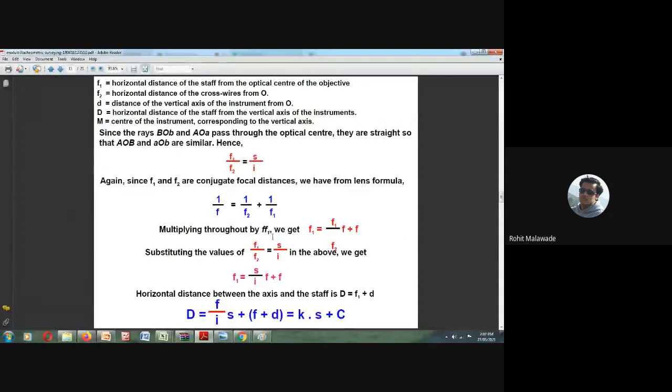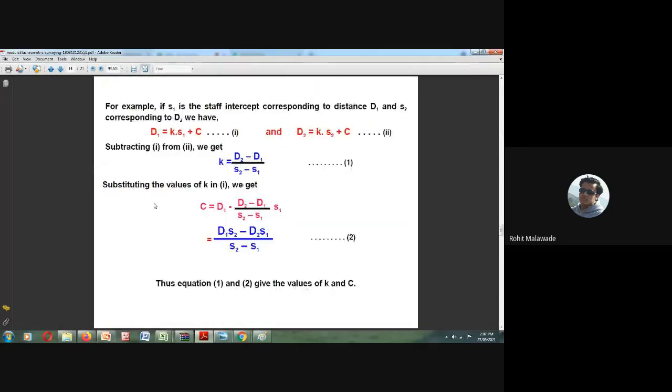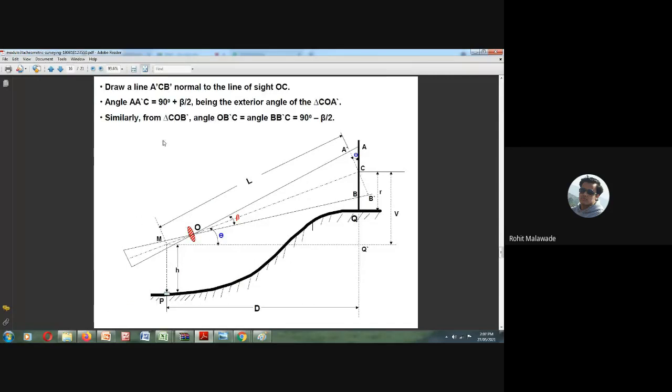If the line of sight is horizontal, I will use the formula D is equal to Ks plus C. If we want K for the horizontal line of sight, we use d2 minus d1 divided by s2 minus s1, and for the curvature correction, C, we use d2 s1 minus d1 s2 divided by s2 minus s1. These formulas are for the horizontal line of sight.